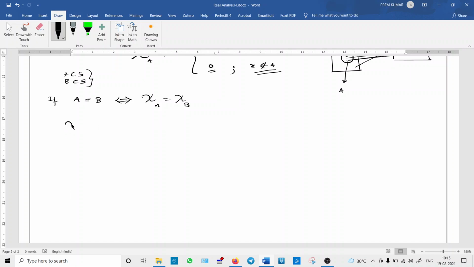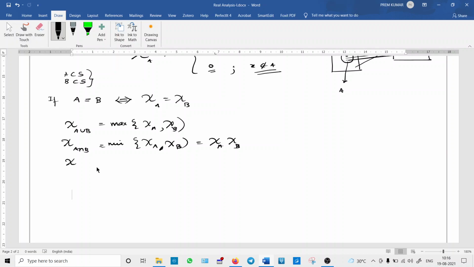What is chi A union B of x? This is nothing but the maximum of chi A, chi B. We are going to prove everything. Next, chi A intersection B is the minimum of chi A, chi B, which is nothing but chi A times chi B. And chi A difference B is nothing but chi A minus chi B.